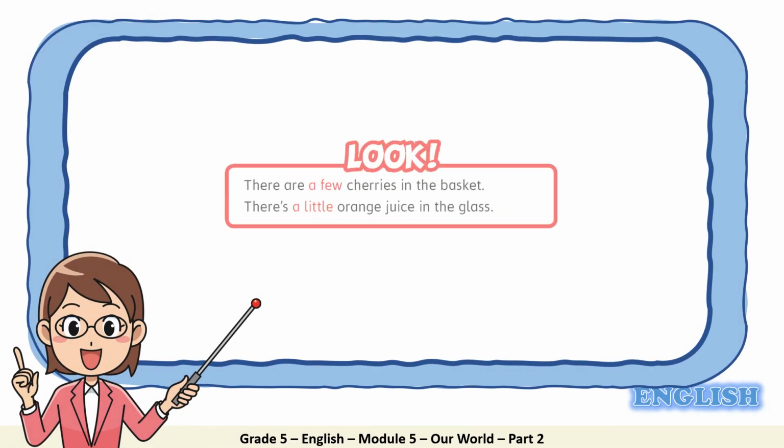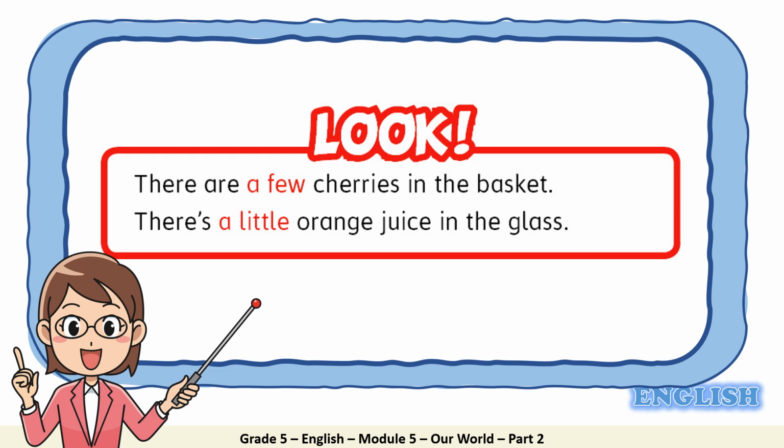Do you remember this box? Of course you do. This is the look box, the red box with the important grammar lessons. In this box, you can find the quantifiers we said we are going to focus on today. We will study a few and a little. Let's read the examples together.